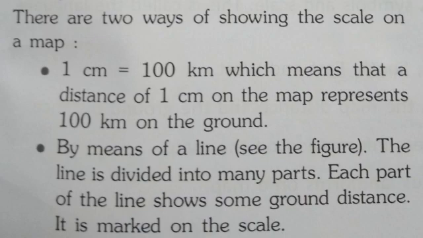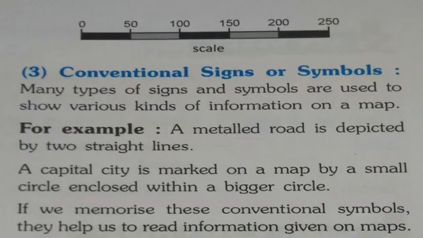By means of a line, see the figure, you can see the figure in your book. The line is divided into many parts: 0 to 50, 50 to 100, 100 to 150, 150 to 200 and 200 to 250. So in this way also we can show the scale on a map.